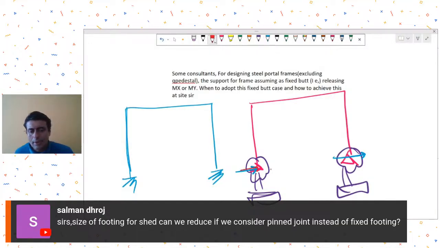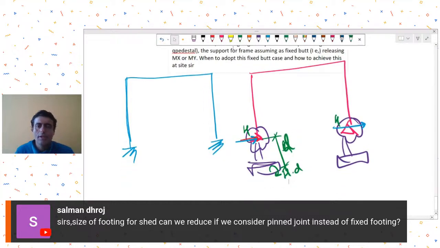Of course, due to translation you may have to add an additional moment created at the base due to this translational reaction, but overall no end moment is flowing to the foundation. So pin supported systems may be adopted especially where you have poor soil conditions, where if there is a moment in the footing you may require large footing sizes, and that is what you want to avoid.